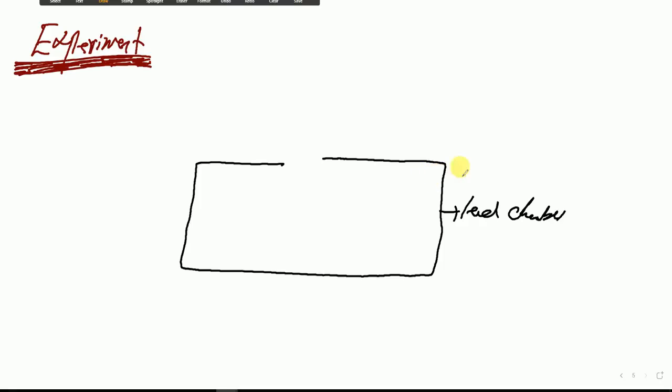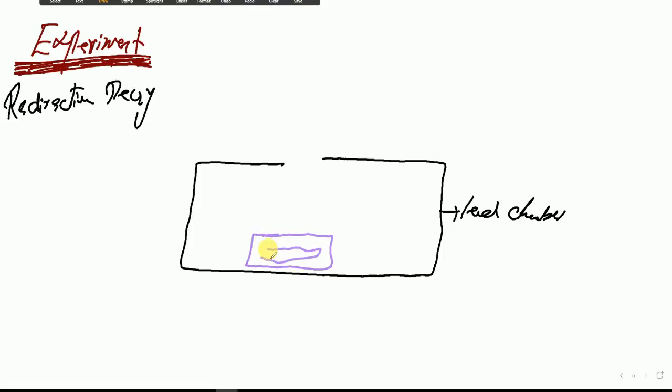So through this experiment, we will do a radioactive decay. You can say radioactive decay experiment. Okay, so this is the lead chamber, and inside the chamber we have a box. In that box we place a radioactive element. This is the radioactive element.